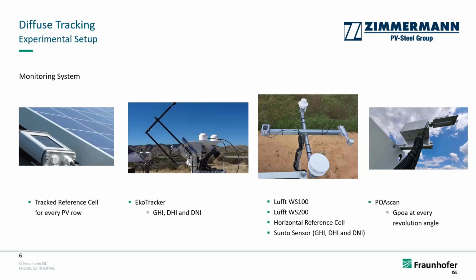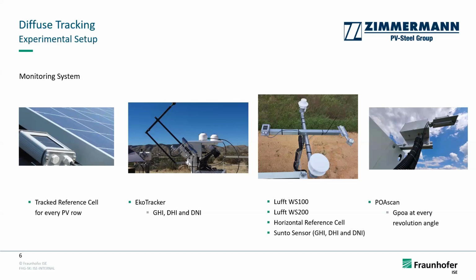Then we have a weather station with a precipitation sensor, wind sensor, horizontal reference cell, and then the Sunto sensor, which is a sensor from an Italian manufacturer made of 11 different photodiodes arranged in different geometric positions, which is able to achieve basically the same result as the Echo Tracker, but in a much more concise and cheaper way. So we also have the different components of irradiation from the Sunto sensor.